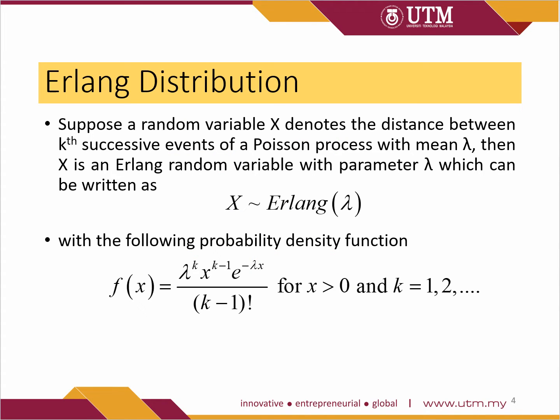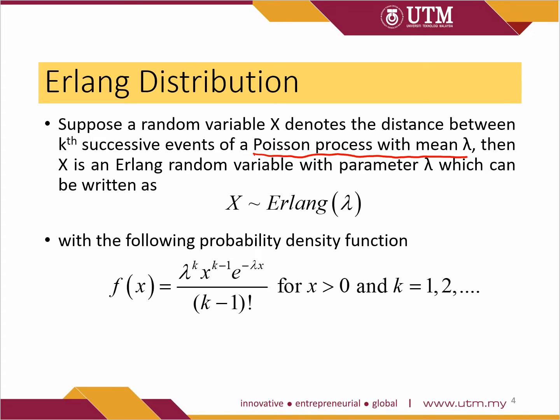So suppose that a random variable x denotes the distance between k successive events of a Poisson process with mean lambda. Then we can say that the random variable x is an Erlang random variable given the parameter lambda, where we can write it as x follows Erlang lambda.